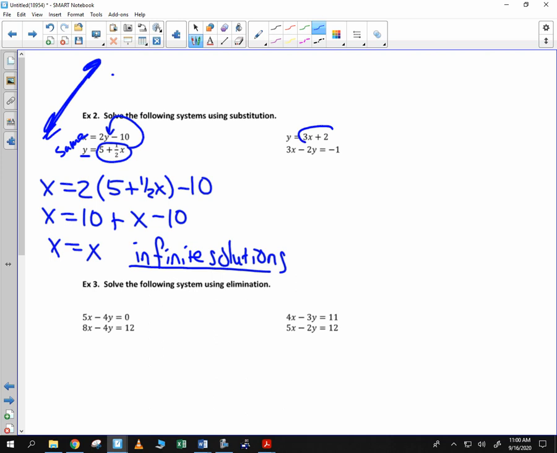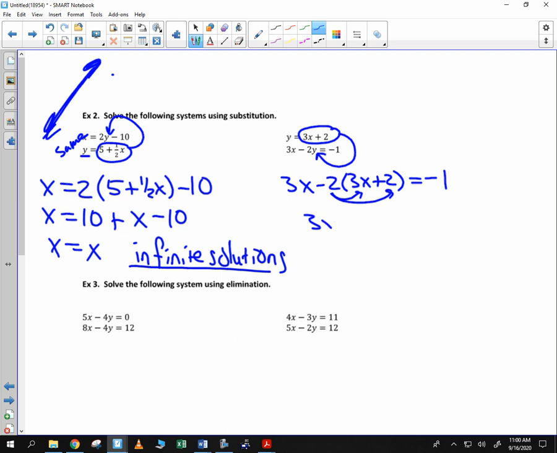We have what y is equal to, so we like to use substitution. I'm going to drop it in there for the y. So I have 3x minus 2 times (3x plus 2), and then equals negative 1. Distribute my negative 2 through.